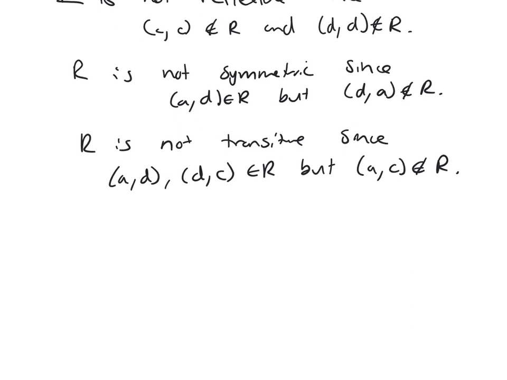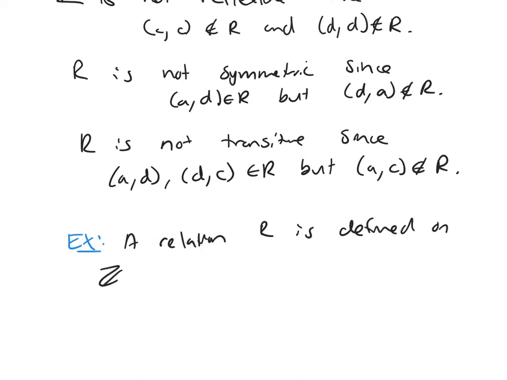Let's look at another example here. Let's say I have a relation R defined on the integers by a relates to b if either a divides b or b divides a.